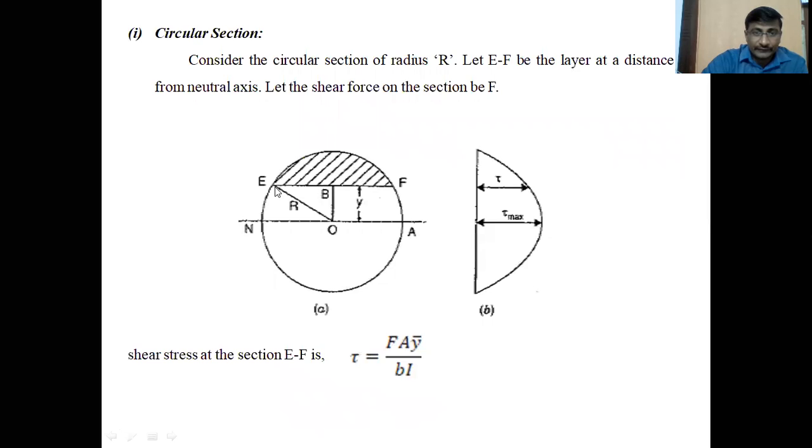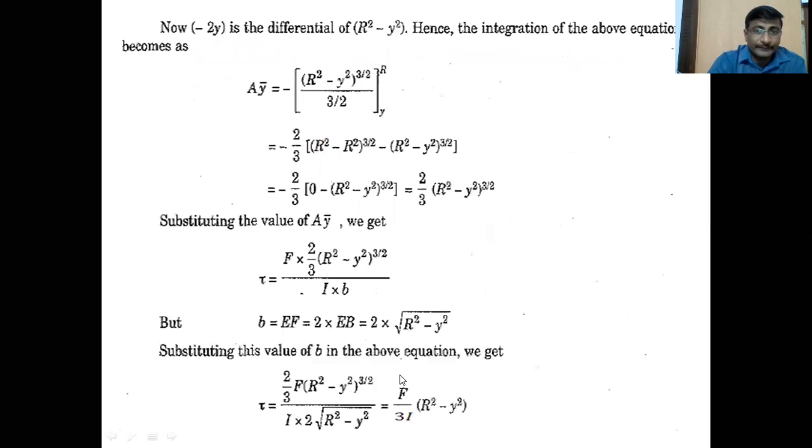Breadth means the distance EF. The distance EF is 2 times EB. What is EB? The square root of r square minus y square. So 2 into the square root of r square minus y square becomes the breadth of EF. So in place of b, equal to EF, that is 2 into EB, we substitute 2 into the square root of r square minus y square.